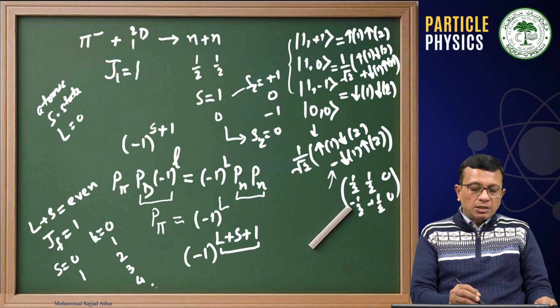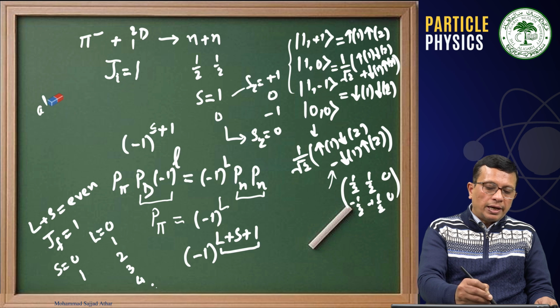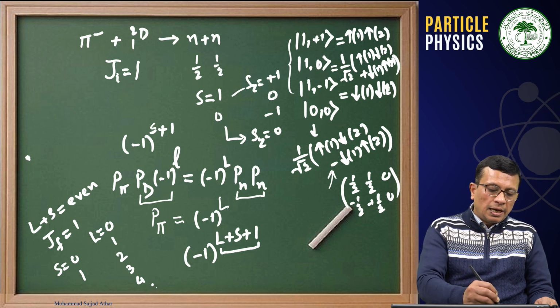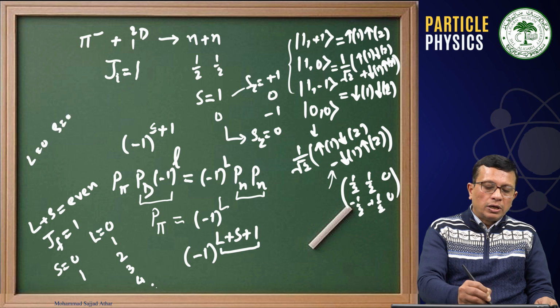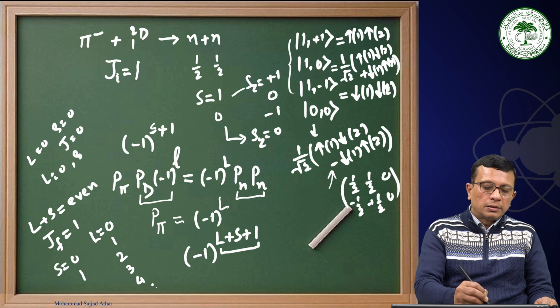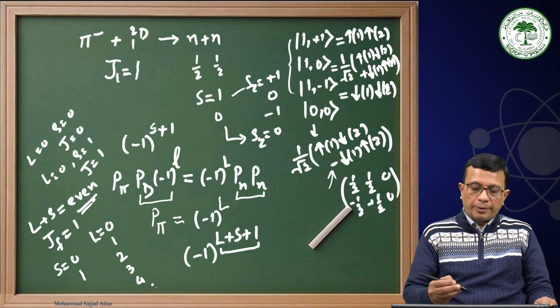Now when we take S equal to 0, L equal to 0, L is 0, S is 0 can only give you J equal to 0. While L is 0, S is 1 will give you J equal to 1. But L plus S is not even, which is another requirement.